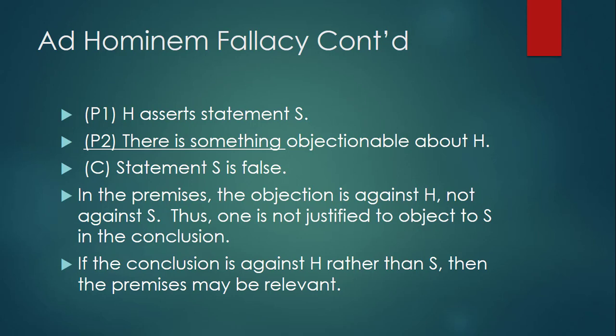So if the conclusion is against H rather than S, then the premises may be relevant. But just in and of themselves, an attack on a person's character doesn't necessarily mean that their statement, such as murder is wrong, is therefore false, based on an attack on this person's character.